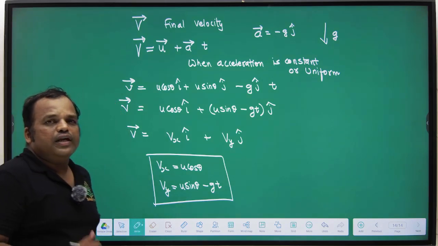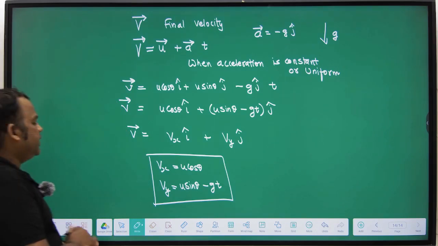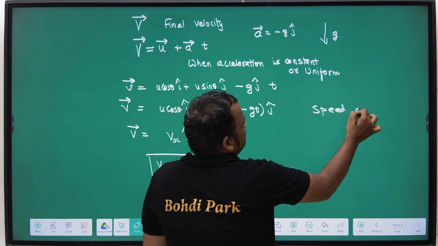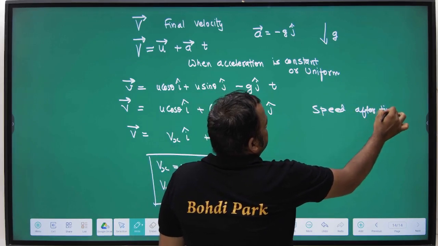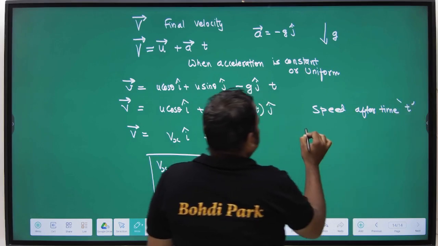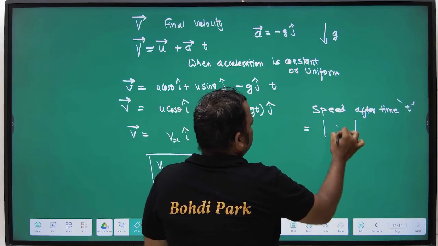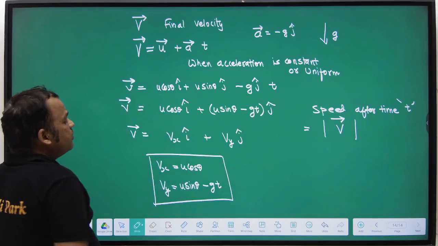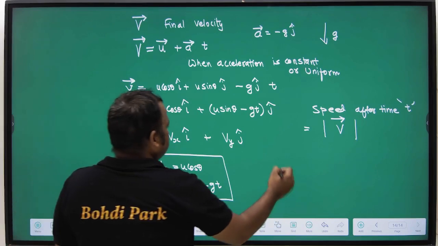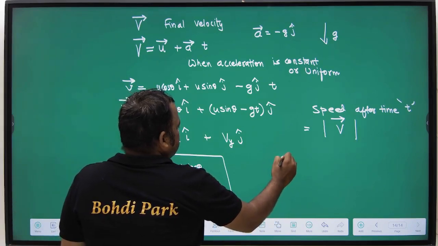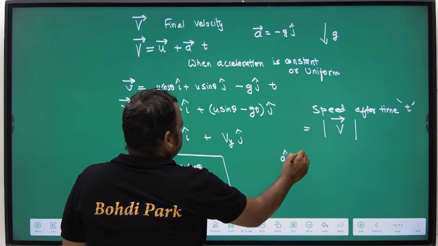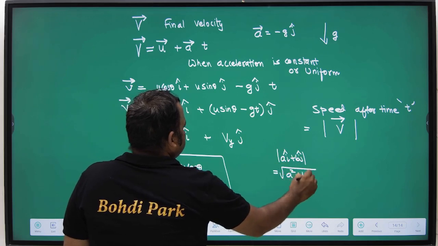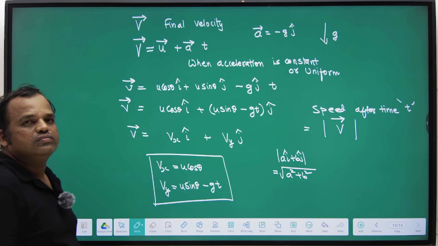If we find the magnitude of this velocity, we will get speed after time t. So that will be equal to the magnitude of velocity vector. Now we know that if a vector is a i cap plus b j cap, the formula is square root of a square plus b square.